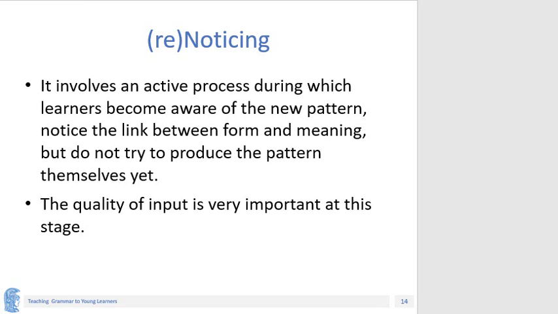Notice the link between form and meaning. They don't try to produce the pattern themselves. And this is based on the quality of the input from the teacher that makes the young learners notice a link between form and meaning in a new pattern.